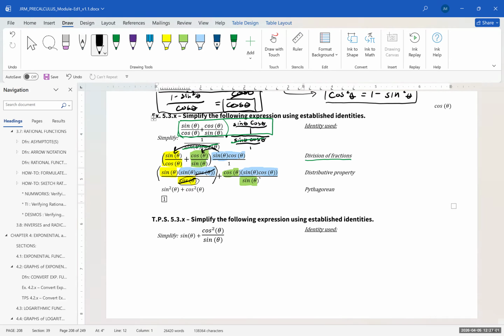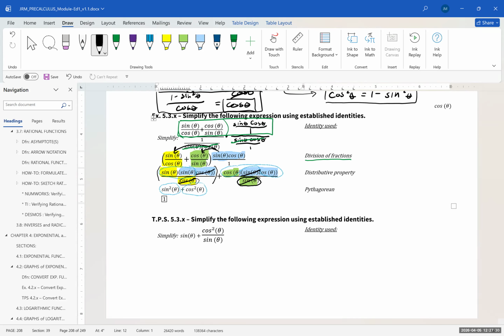And also in this other fraction, sine theta will cancel with sine theta. And so what do we have left in the term on the left? We have sine theta times sine theta, which reduces to sine squared theta. And then we've got cosine theta times cosine theta, which is cosine squared theta.